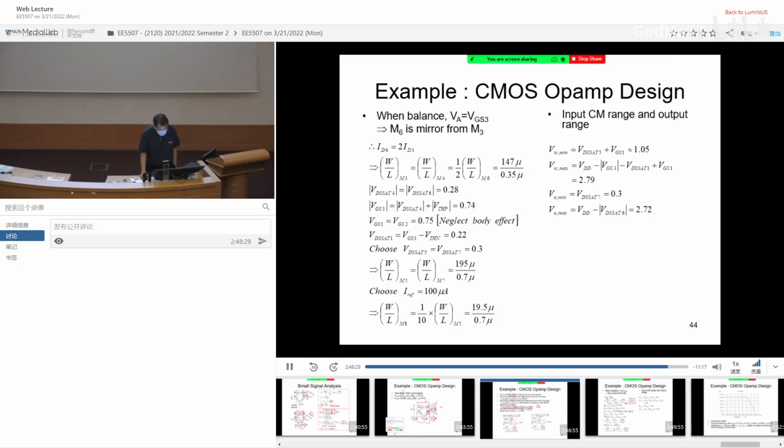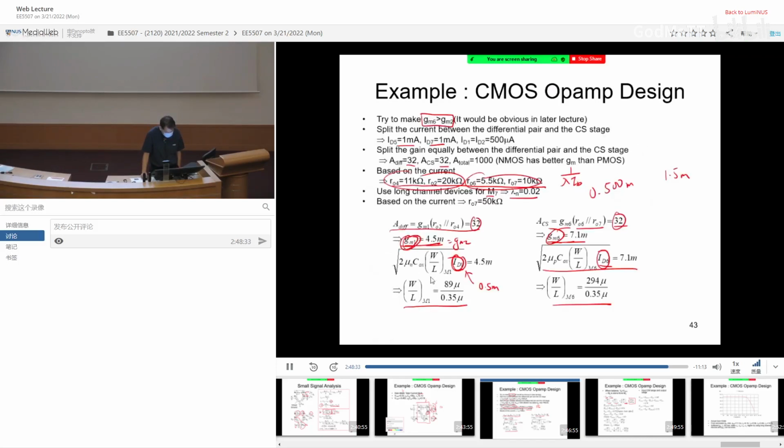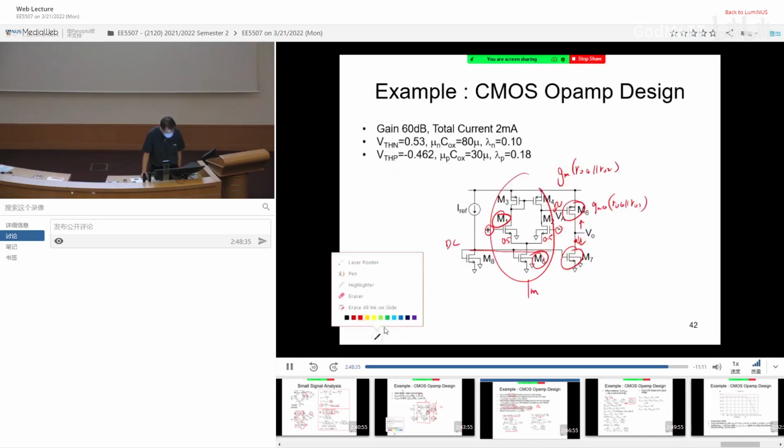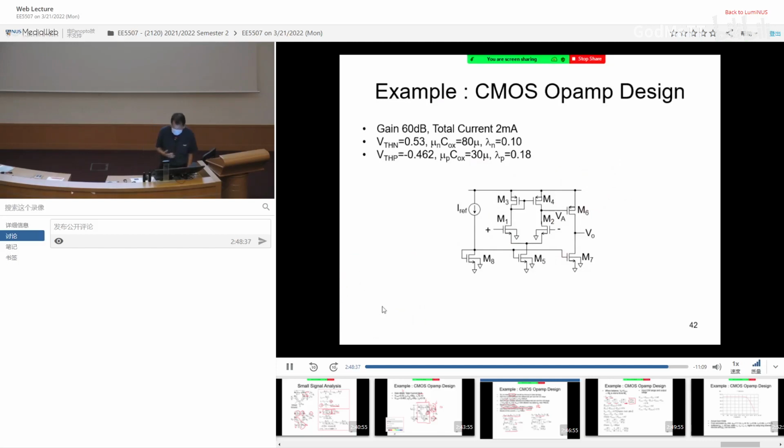When balanced, VA equals VGS3, so M6 is a mirror from M3. What do I mean? If you consider everything symmetric, this guy matches this guy matches this guy. If you think carefully, if everything is balanced, the current here and the current here are identical, so there is no reason why this voltage is not the same as this voltage, am I right?